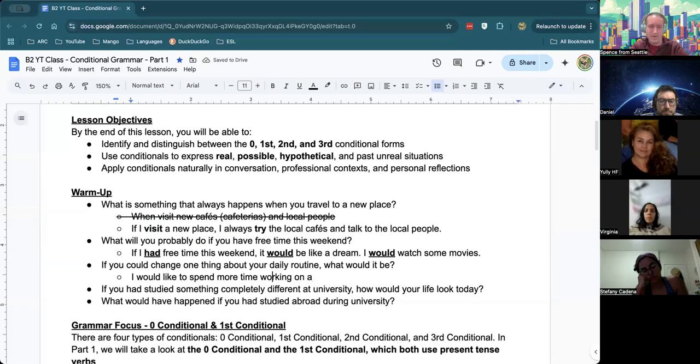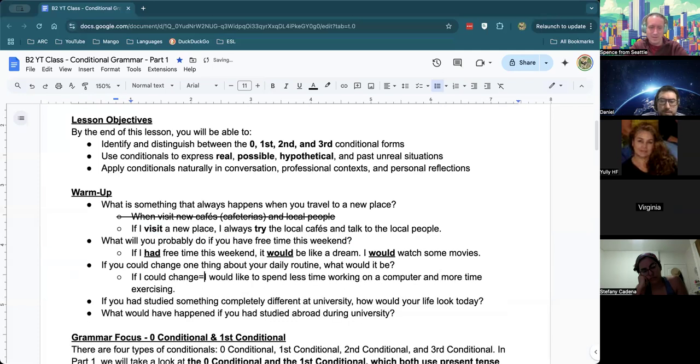Spend less time working on a computer, right? Yes, less. I don't know why I wrote more. Less time working on a computer, and more time exercising. Okay, so if I could change something, I would change that.